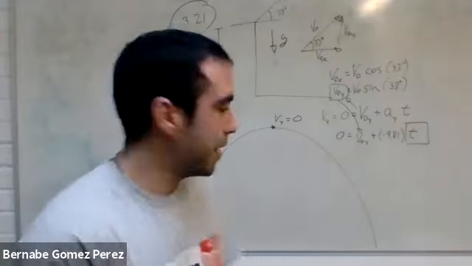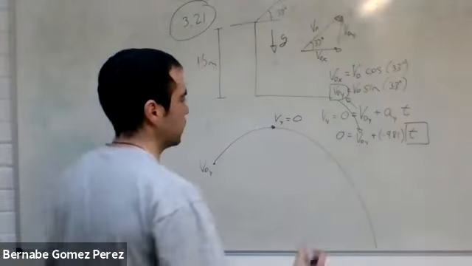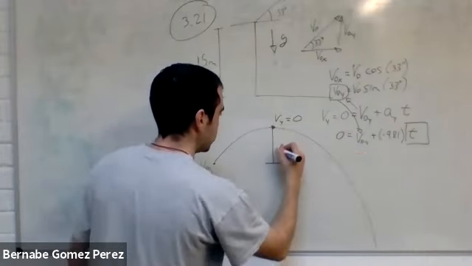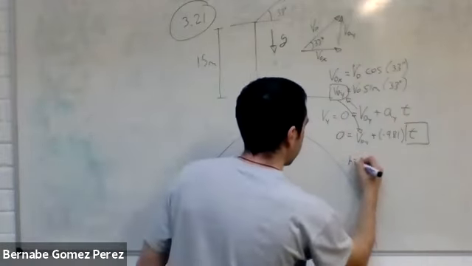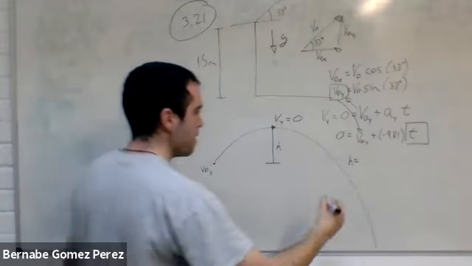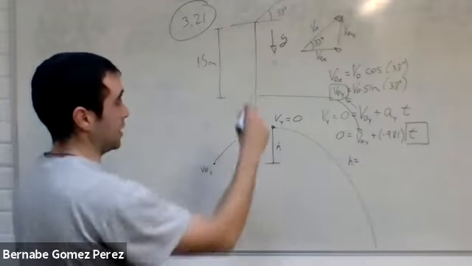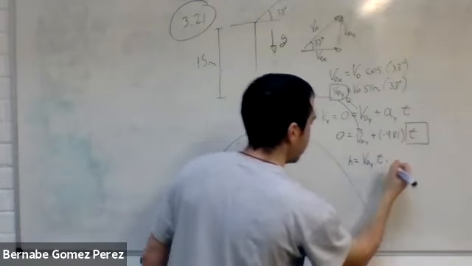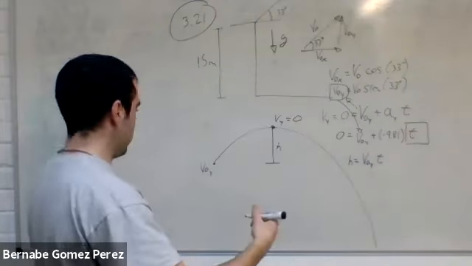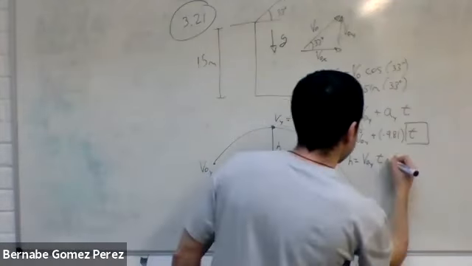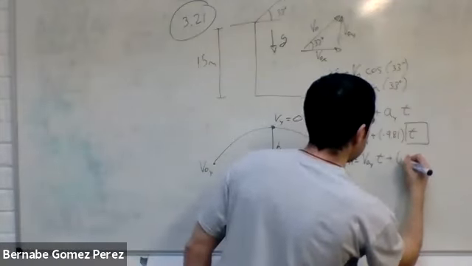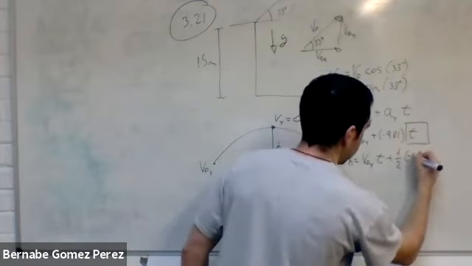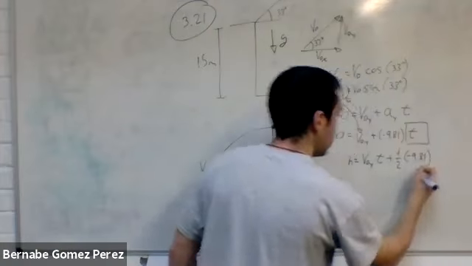And now I can apply the y displacement equation. So I know that this h is going to be equal to the initial position, which is 0, plus the speed multiplying the time, V0y times t, plus 1/2 of the acceleration, minus 9.81, times t squared.